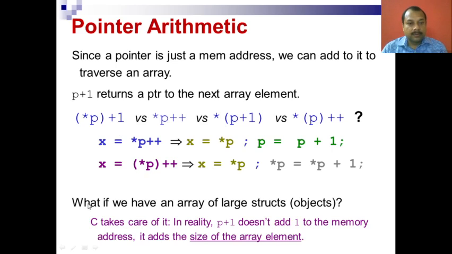Anyway, what if we have an array of large structures or objects? C takes care of it. In reality, p + 1 does not add 1 to the memory address, it adds the size of the array element. Okay, so in this pointer arithmetic all are allowed, but their meaning will be different.